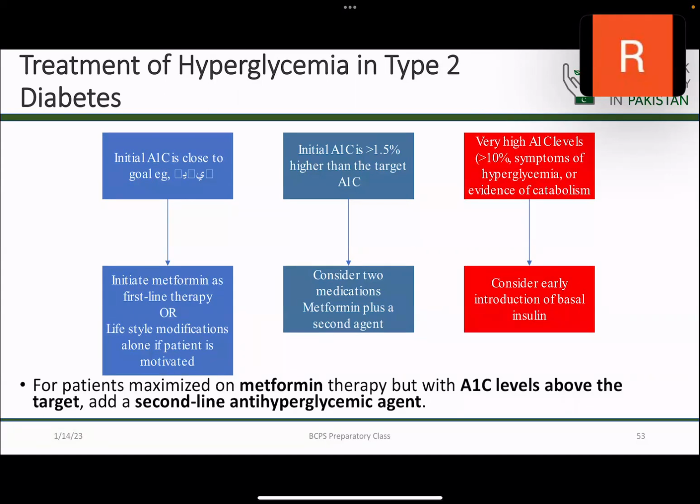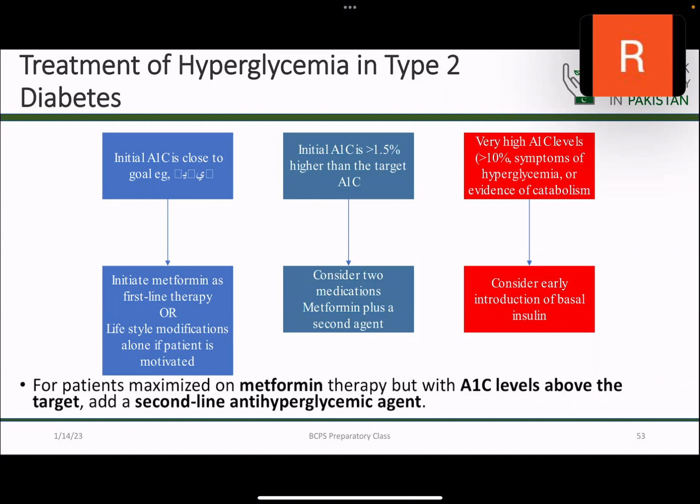Metformin is always a cornerstone of diabetes care. So if the initial A1C is close to goal, then initiate metformin, or even lifestyle modification alone is sufficient if the patient is motivated.